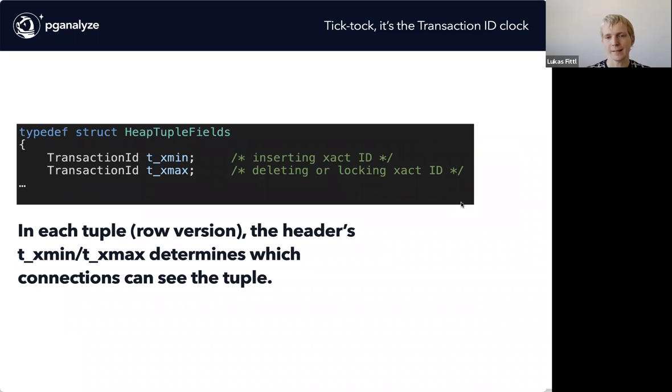At that time, you're essentially just saying, what's the current transaction ID for the transaction I'm in? I'm writing that to the table, so I'm writing this 32-bit value to the table. Xmax is used in deletions and in some locking cases. Now, this xmin and this xmax determine which connections can see this row.